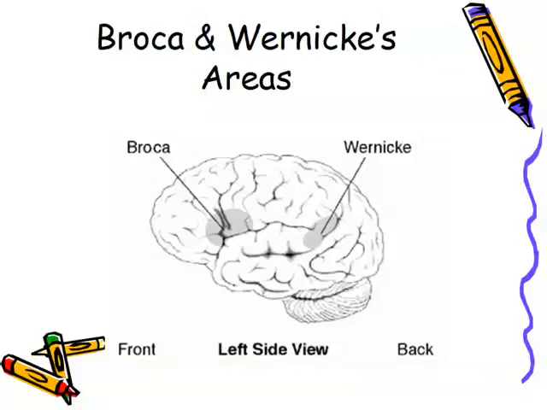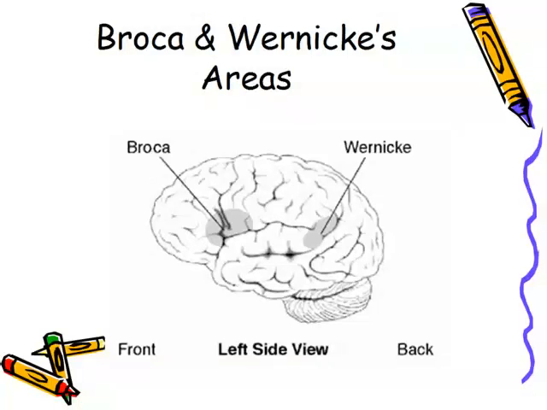Just a quick reminder from your patho class, Broca's area is located in the frontal lobe, and this is the center that controls motor speech, in other words, forming and expressing words. Wernicke's area, on the other hand, is located in the temporal lobe, and this is needed for auditory association, in other words, the interpretation of written and spoken words.